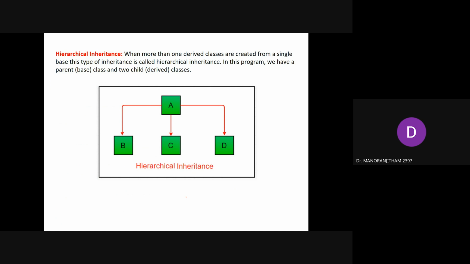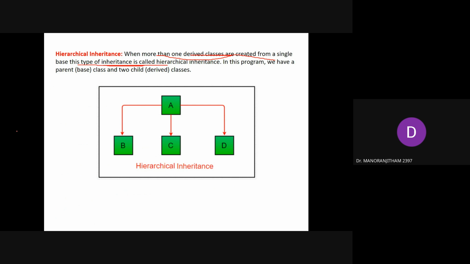Next type is hierarchical inheritance. When more than one derived class is created from a single base class, this type of inheritance is called hierarchical inheritance. Previously, we saw the last derived class had only one derived class.